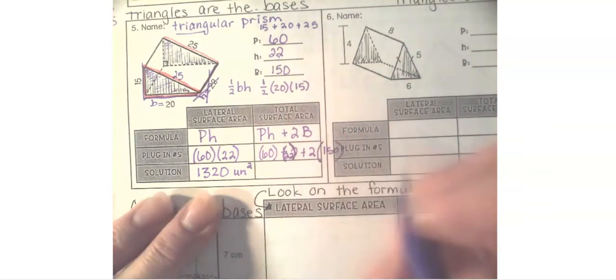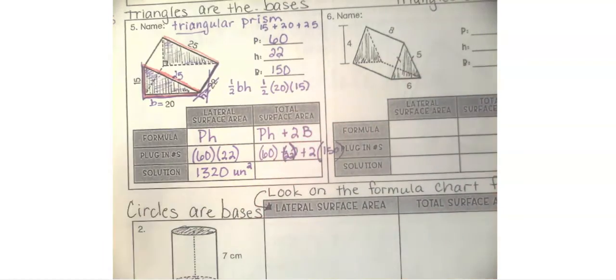We want capital P times H plus 2 times big B. P is 60 times 22 plus 2 times 150. Okay, this video will be continued on the next video.